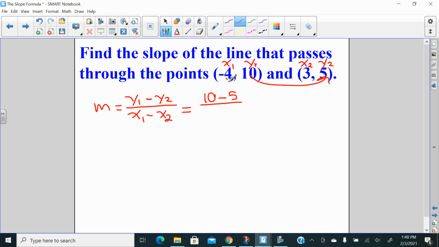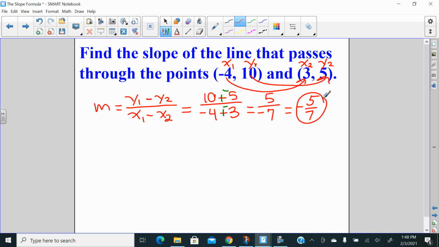Then it's x1 minus x2, so negative 4 minus 3. Little keep change. That's giving me 5 over negative 7, which is basically just a single negative 5/7. Can't simplify that at all.